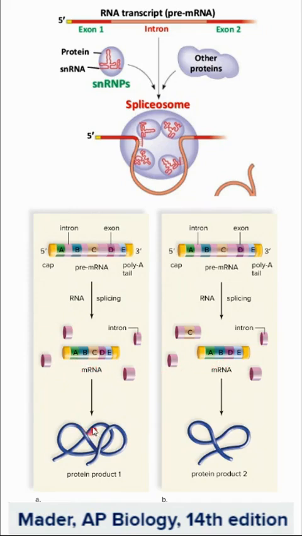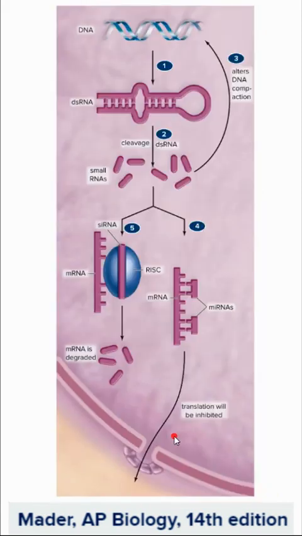This protein is made from the exons A, B, C, D, and E, whereas this protein is going to have a different structure and a different function because it's made of A, B, D, and E. So with C being spliced out along with the introns, you can have the same gene, but then ultimately end up with different proteins, which will have different structures and different functions.